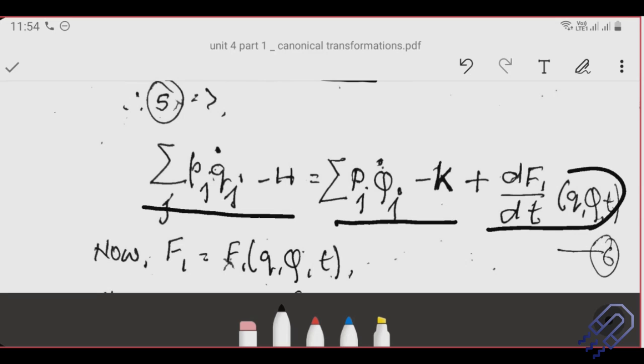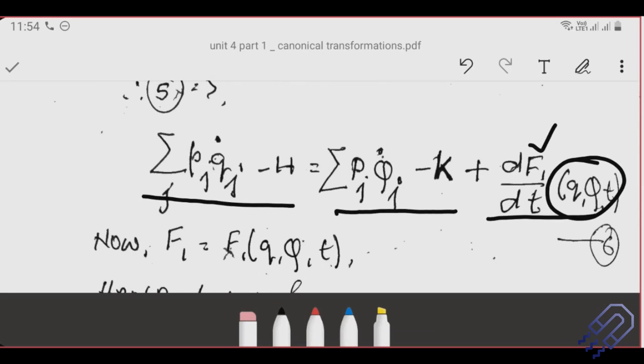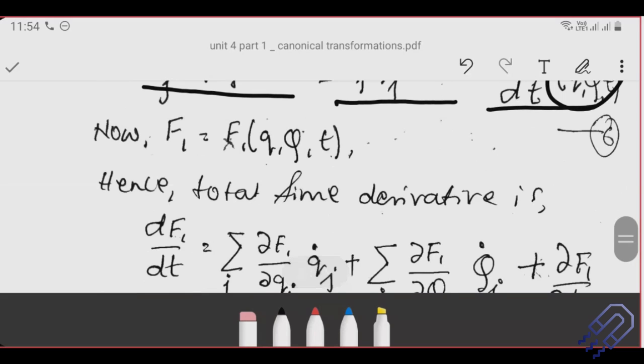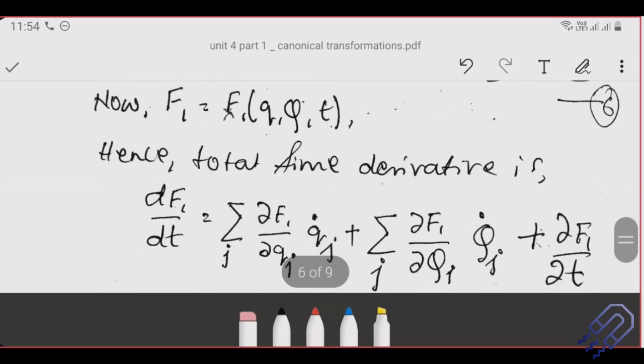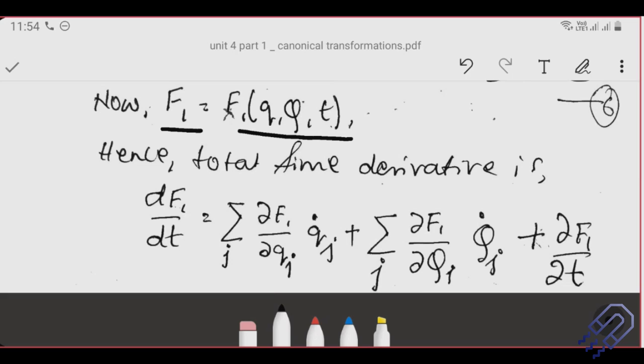and t. And please remember, I've written it as df1. That means I'm finding out the form of the first generating function. We are going to take help from partial differentiation. So if we take f1 as the function, and it's a function of small q, capital Q, and t, we can find out the total derivative.